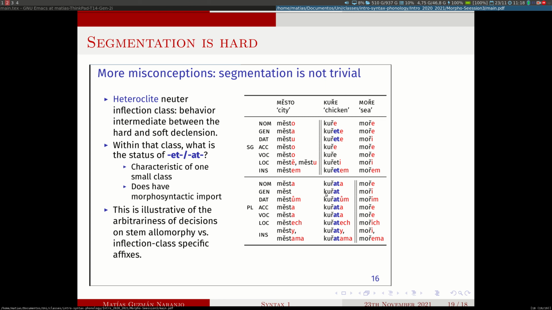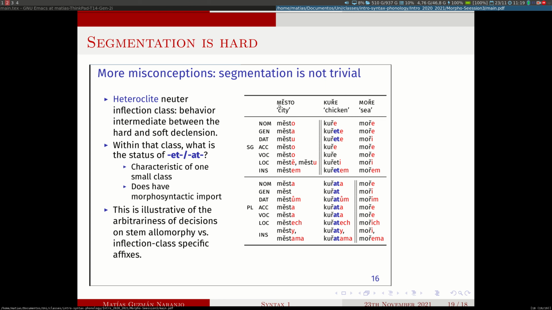That's heteroclisis. It's basically where an inflection class, that is the inflection class of chicken, is a mixture of both the inflection classes of morze and miasto. That's another interesting situation with inflection classes.